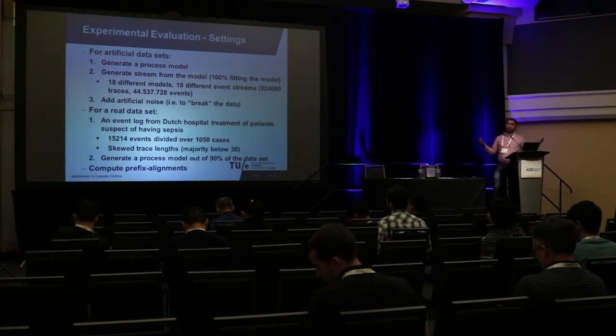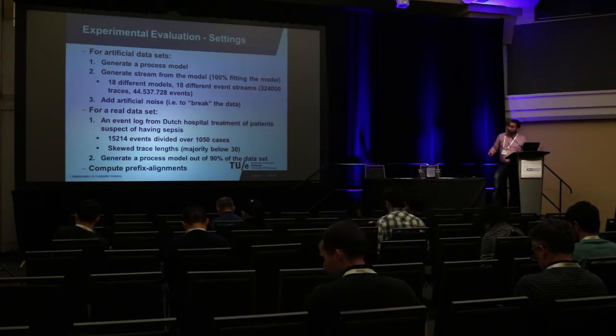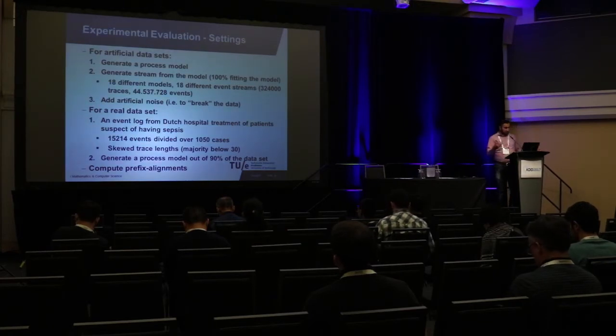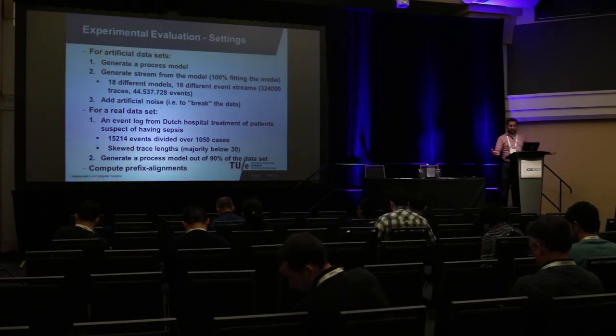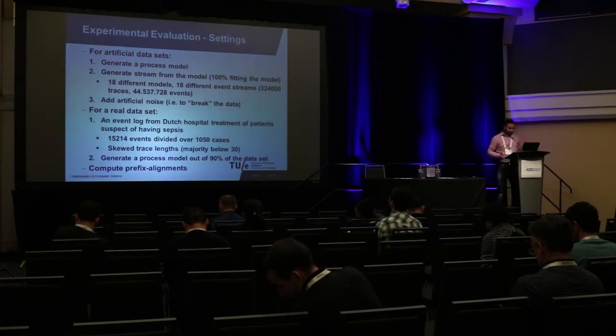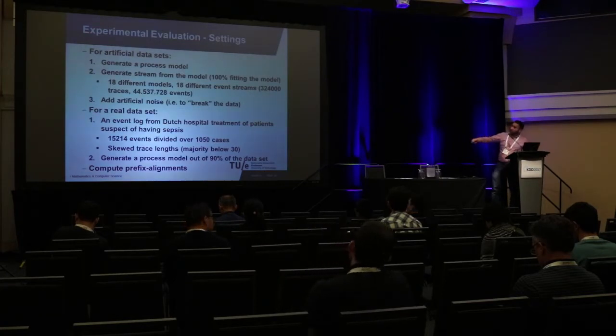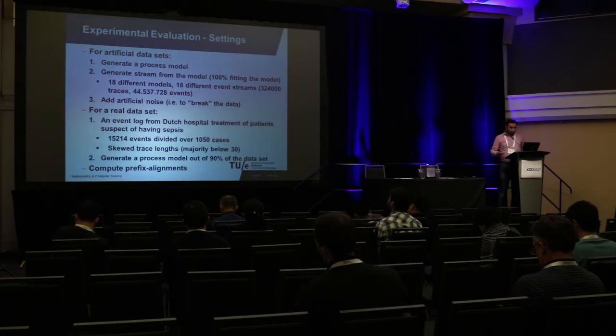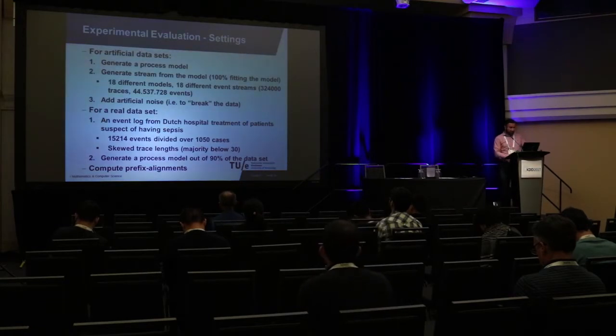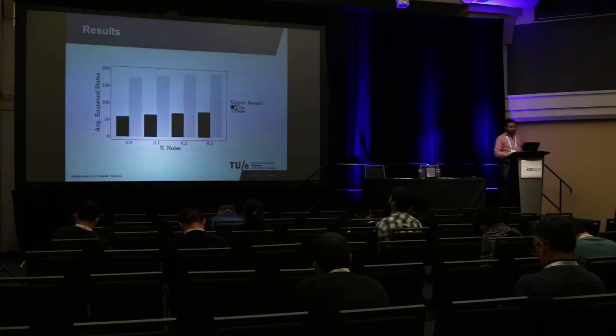Because we always need an event log and a process model for our experimental settings, we generated a process model out of 90% of this data set, because if we generate it out of 100%, then we will again have a perfect model that represents all of our event data. We used those 2 different data sets for computing prefix alignments. Then we had different evaluation measures to reflect the quality of our approach. And these are the results.